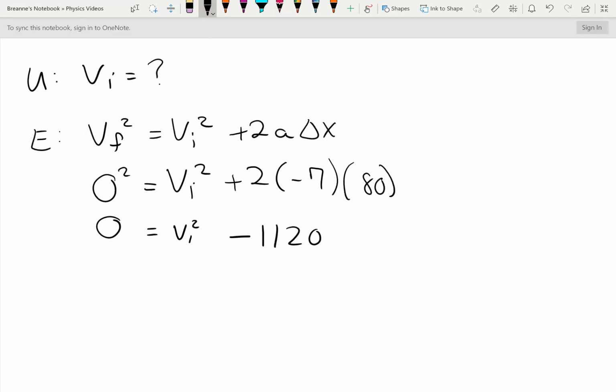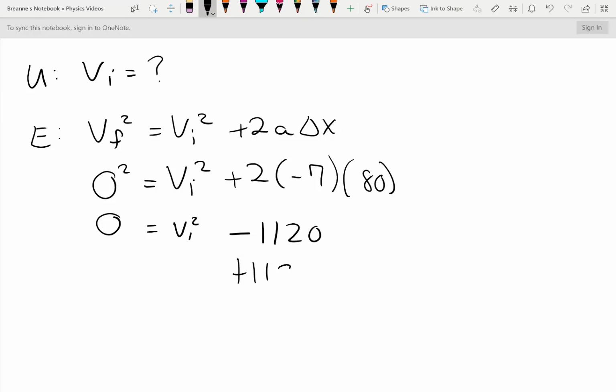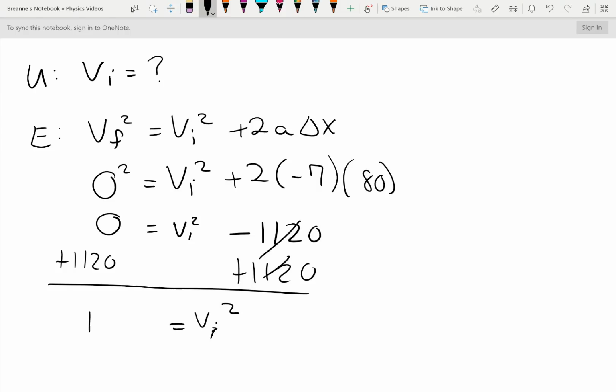So we need the Vi squared by itself. So we're going to move this number onto the other side. So you get Vi squared equals 1,120. To get rid of the squared, the opposite of squared is square root. What you do to one side, you have to do to the other. So you're going to square root your answer.